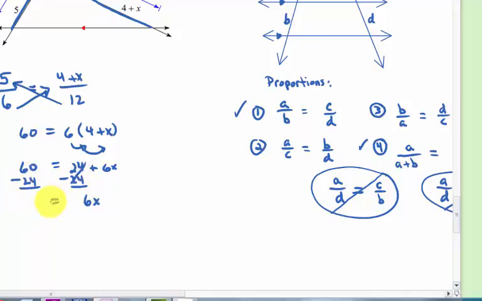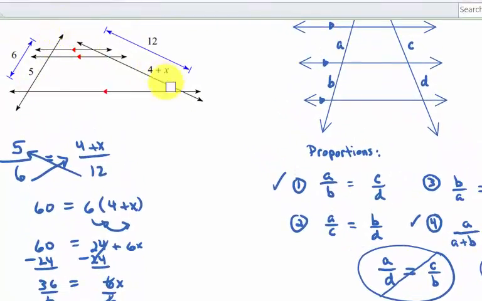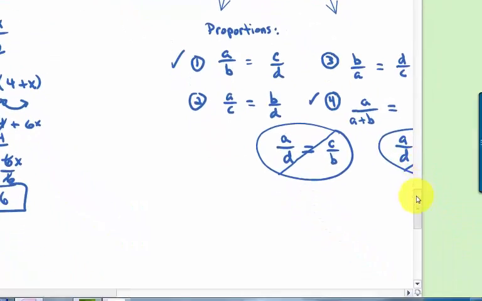And you get 6x is equal to 24 from 60 is 36. Divide by 6. And you get x equals 6. And there you have it. In this particular case, they didn't ask you to plug back in and find any lengths. If you did, you would just plug it where x is, but they just said, okay, what's x? It's 6.